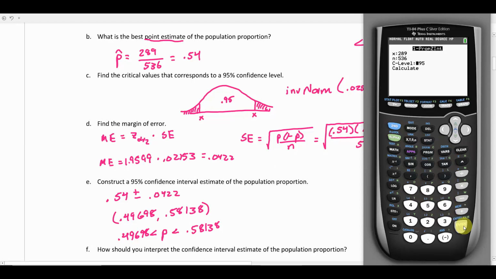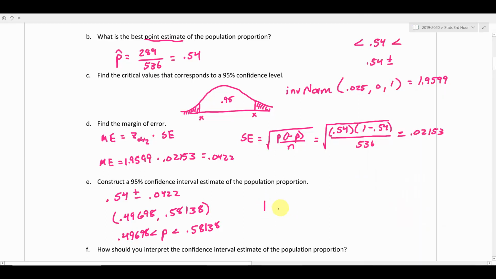Our confidence level was 95%, and then we'll calculate. We should get the same numbers that we have on our page there, and sure enough, we do. These are the same exact things that we calculated by hand. I would probably make a note on here that this is the correct test on the calculator for this situation.